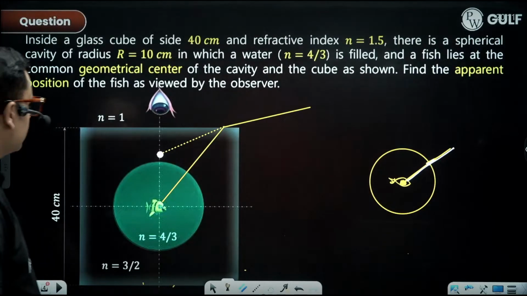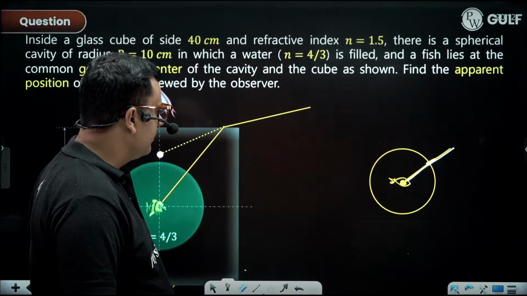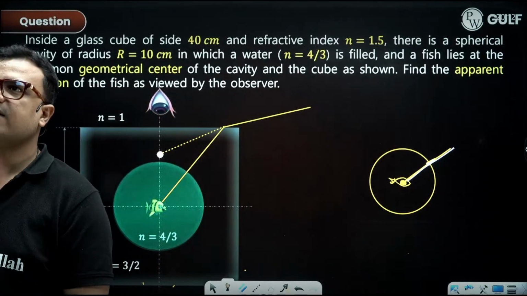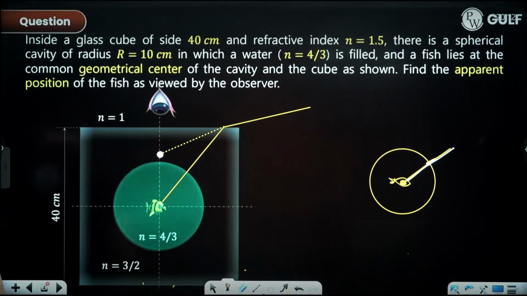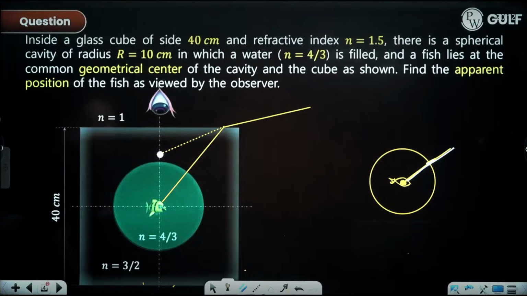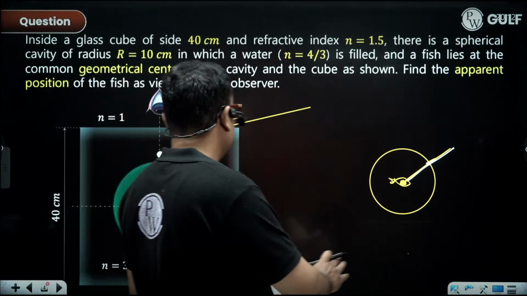Okay. So our ray is entering from one medium to another medium, from this liquid to this one. From the spherical surface, refraction we applied from the spherical surfaces. So, my dear friends, let me remove this one.